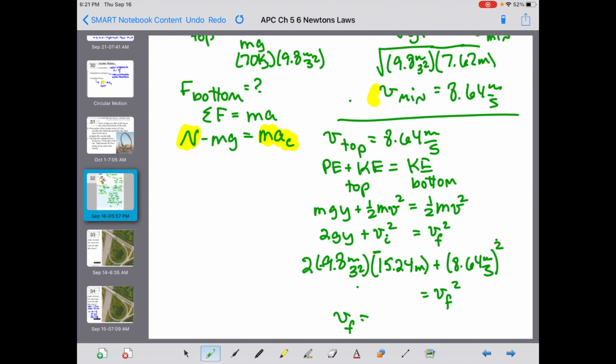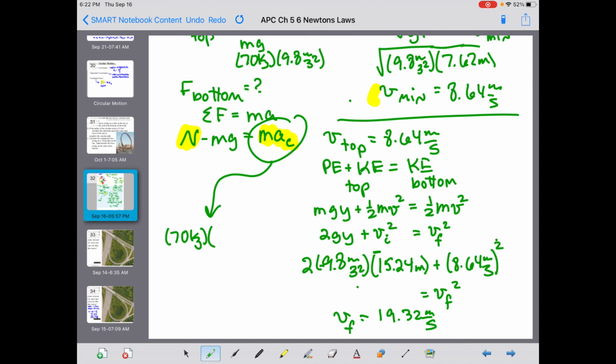Plugging this into the calculator, I get vf squared is equal to 373.35, square root of that, 19.32 meters per second.